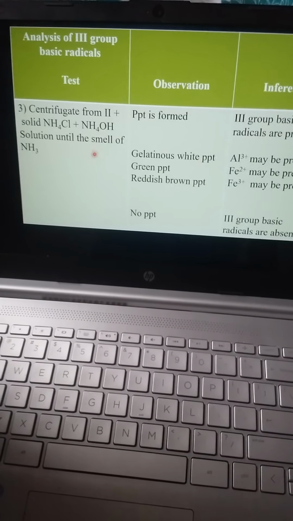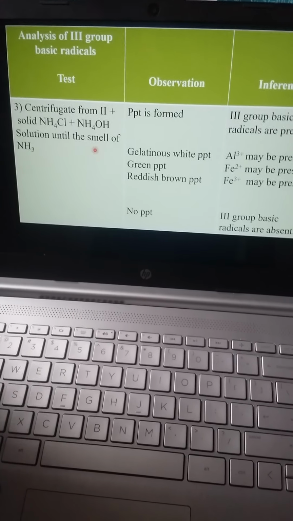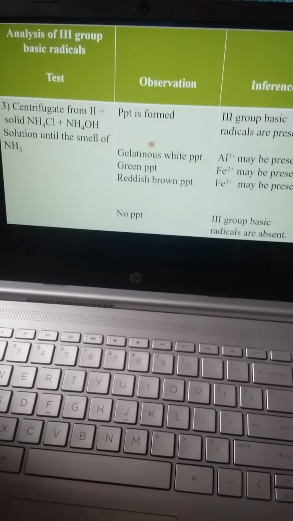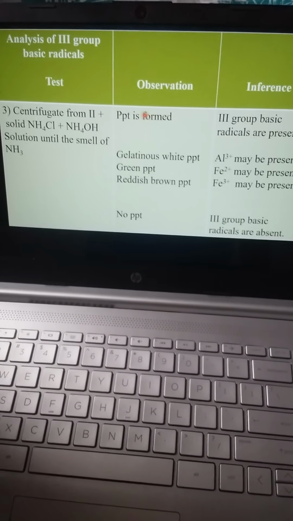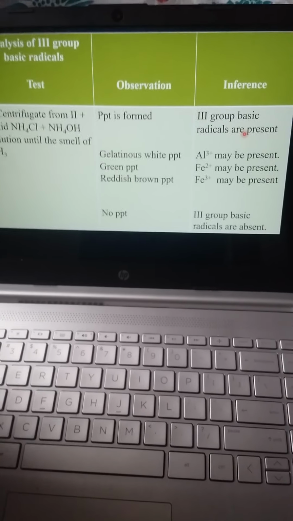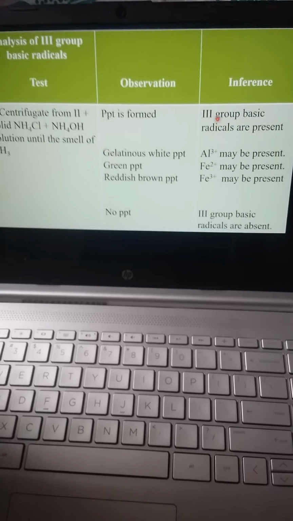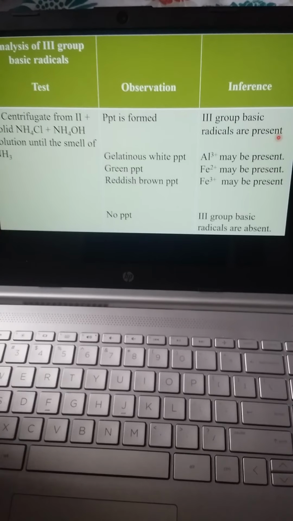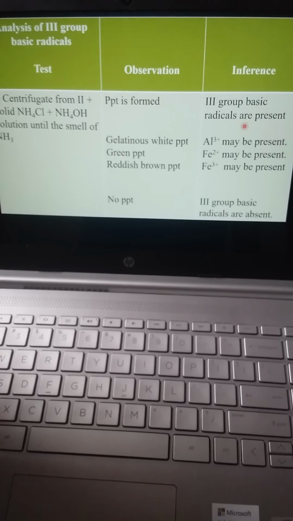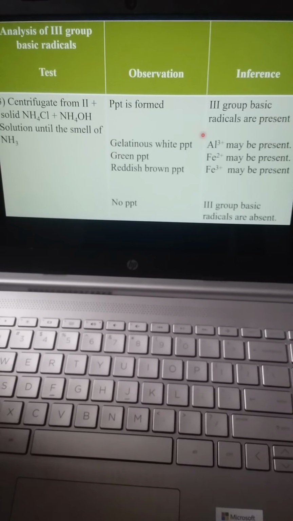Keep adding ammonium hydroxide until the smell of ammonia is formed. If you get any precipitate in the test tube, it is an inference that third group basic radicals may be present. What are the basic radicals present in the third group?